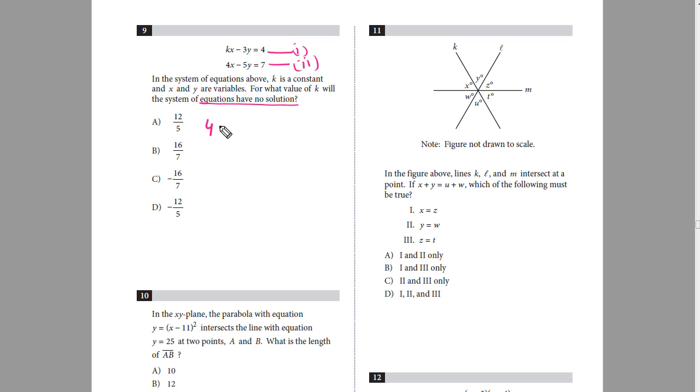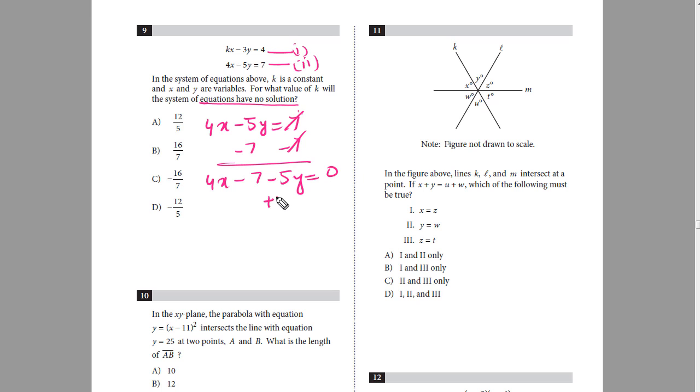So from equation 2, I will get 4x minus 5y is equal to 7. Now I'll subtract 7 on both sides. So this will get cancelled, and on the left side I'll have 4x minus 7 minus 5y is equal to 0.